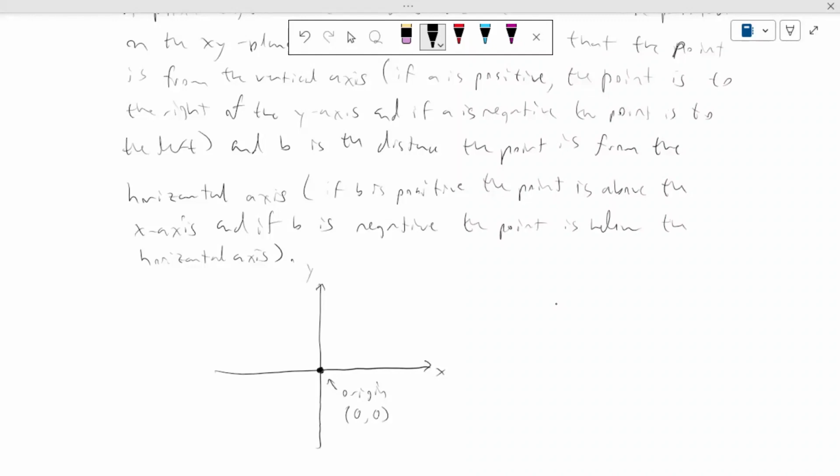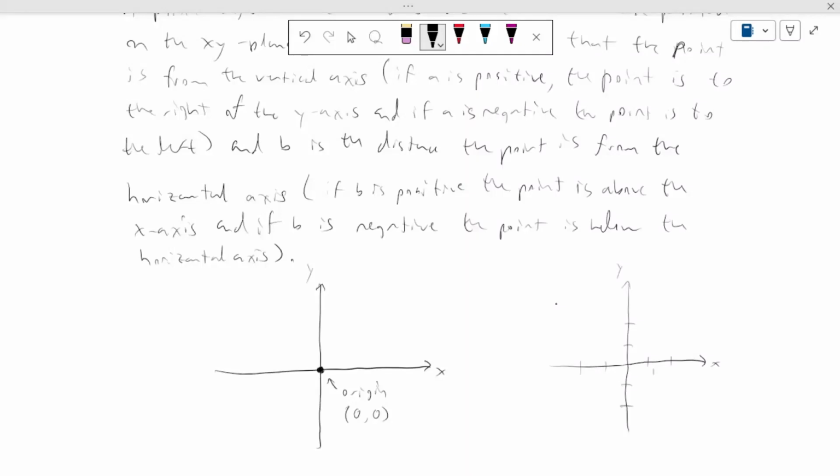All right, I'm going to draw a new set of axes here. Here's x, here's y. Let's put some scaling on here. This is 1 unit, this is 2 units, 1 and 2, and 1 and 2.